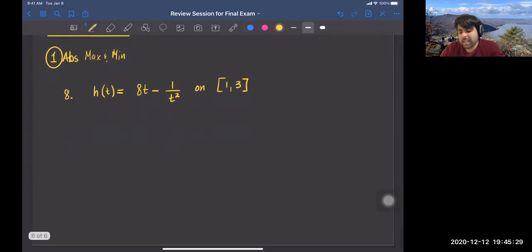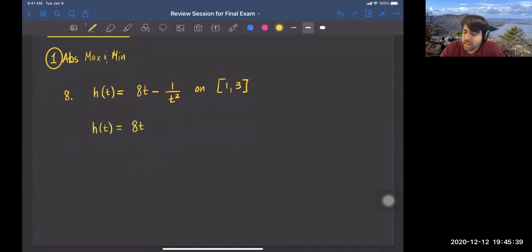And remember, these are the not as difficult ones because we know how to take derivatives of functions now. So I'm going to rewrite this as 8t minus t to the negative 2. When I take the derivative, I get 8 plus 2t to the negative third power. That's my derivative.